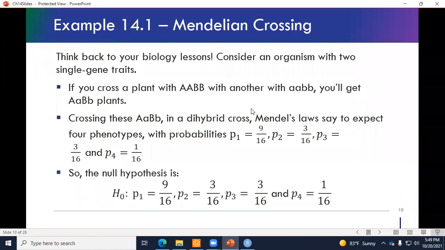Let's do slideshow. Okay, let's take a look at a different example from the book. If you think back to your biology class, you might remember this experiment. It's a very famous experiment.